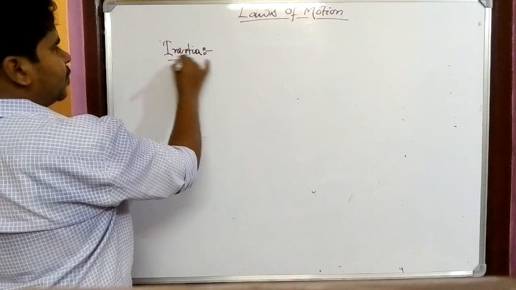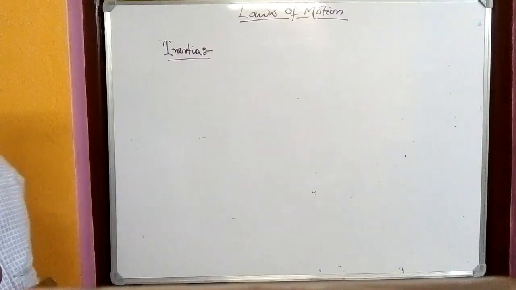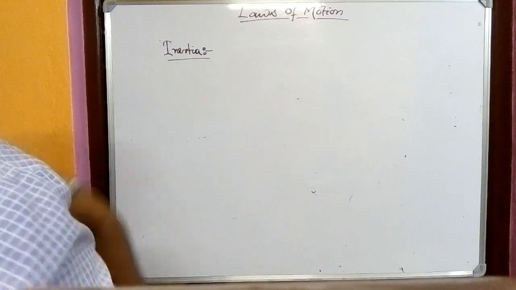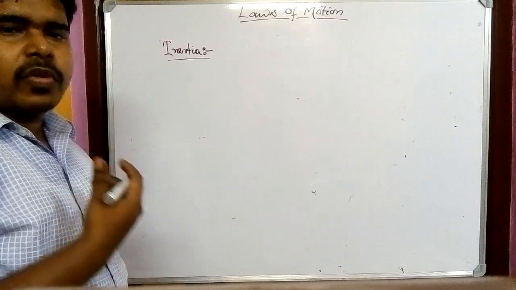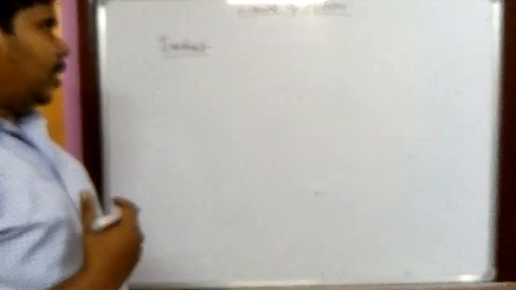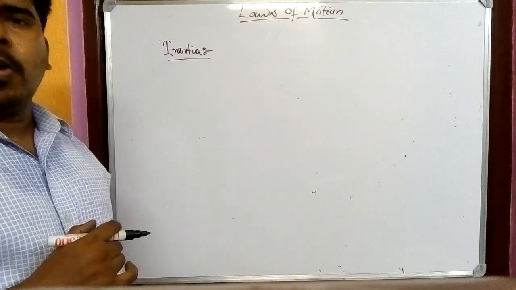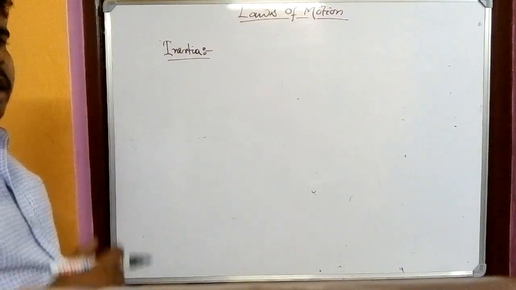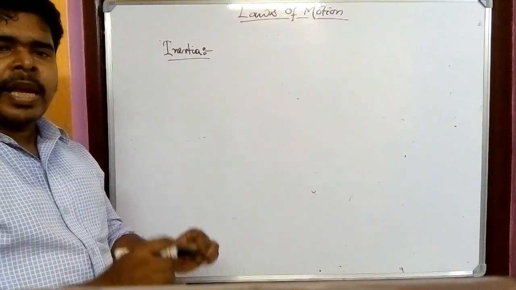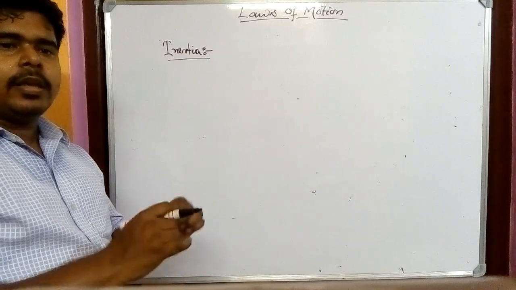What we have seen is that if the body is at rest, it just wants to be in a state of rest. If the body is in motion, it just tries to be in a state of motion in a straight line. This is a property of a body. This property tells us that the body tries to be in the same state where it is.